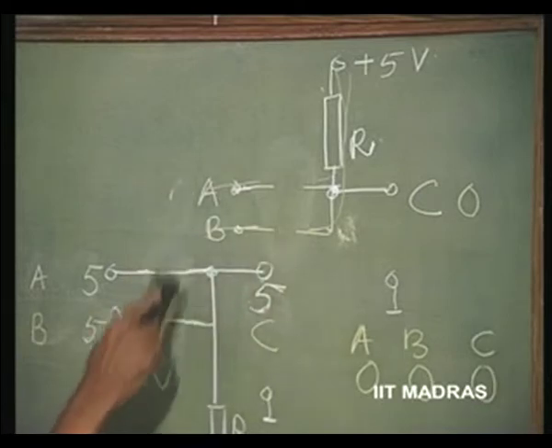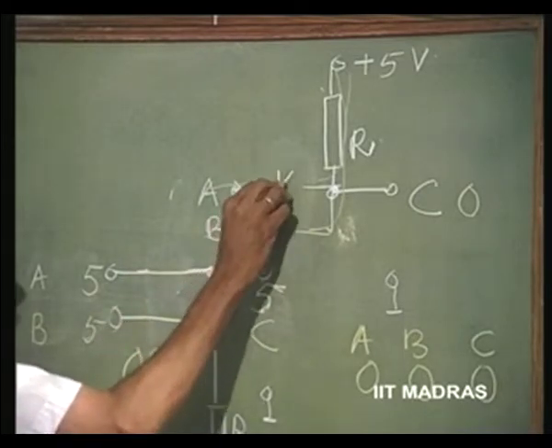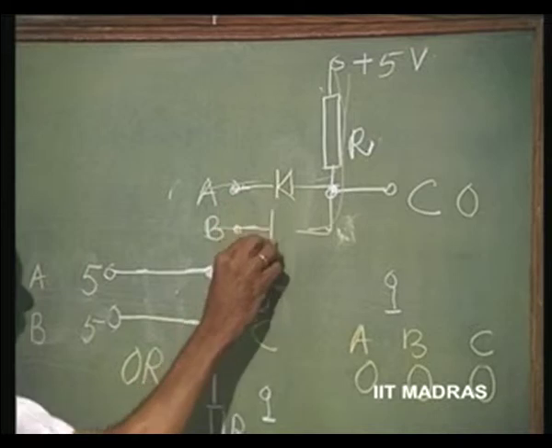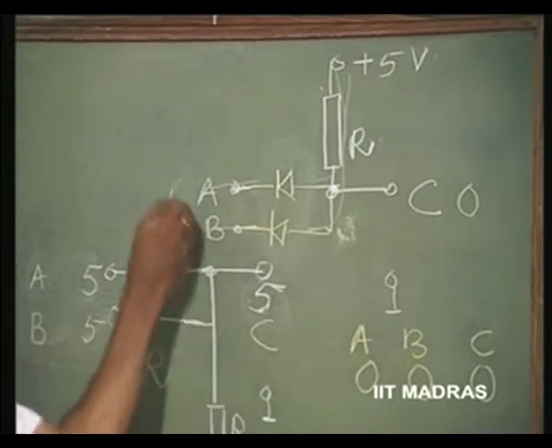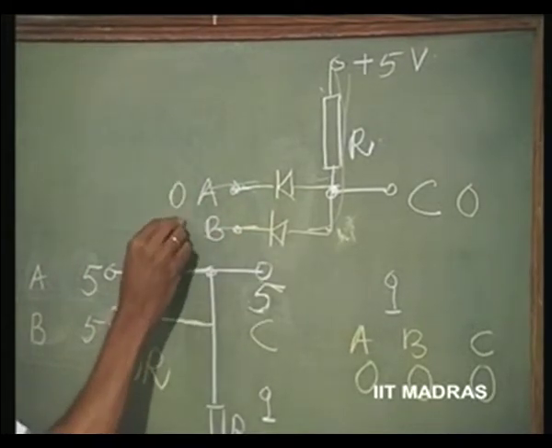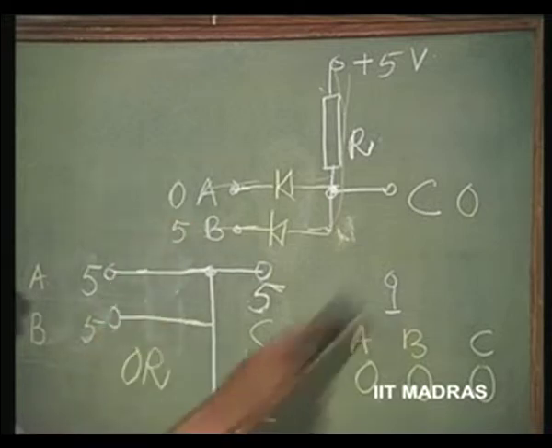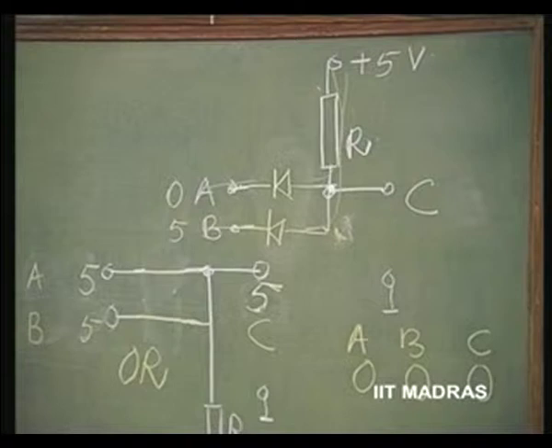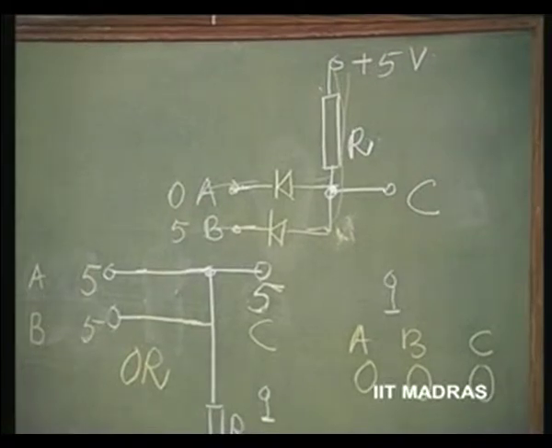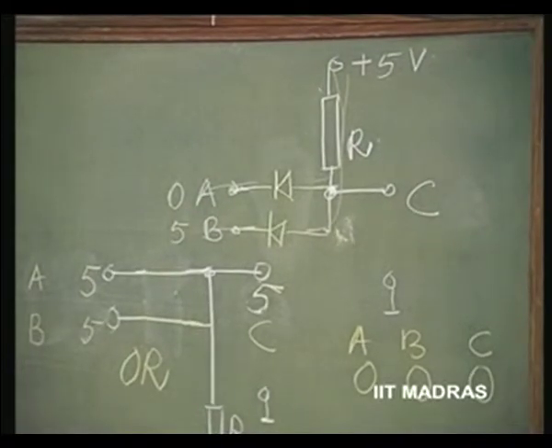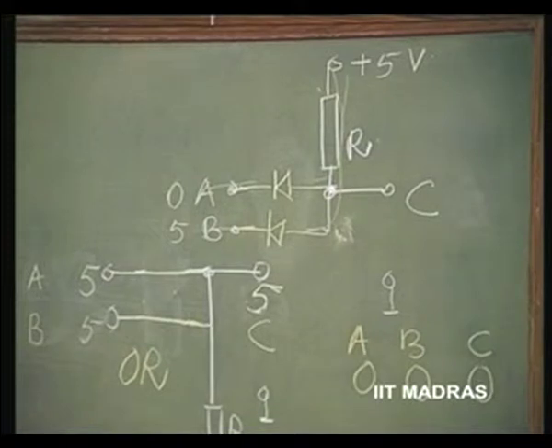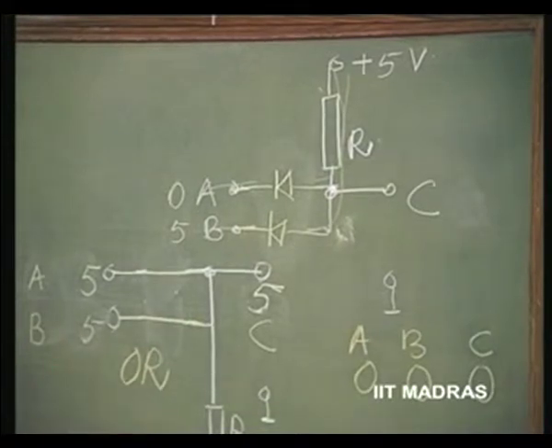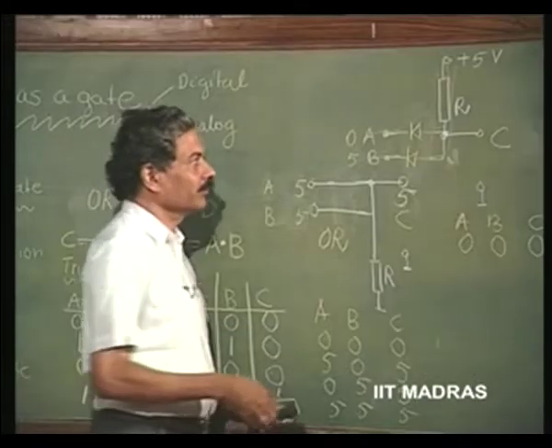Now, we will put back these diodes. Let us say A is 0 and B is at 5 volts. Now, again we can argue based on logic. Let us now, for example, take C as 0, and see whether it is possible.